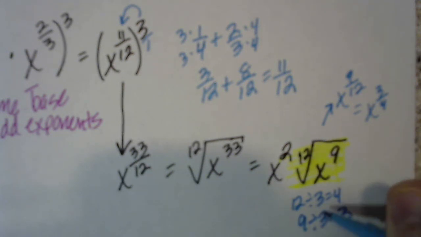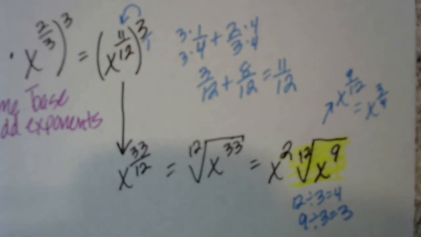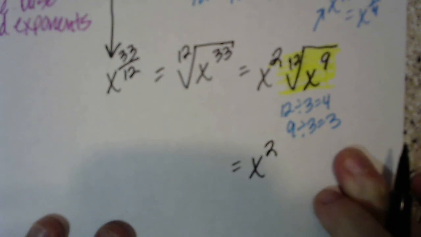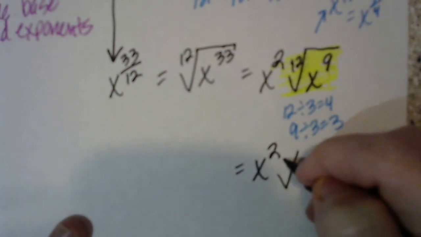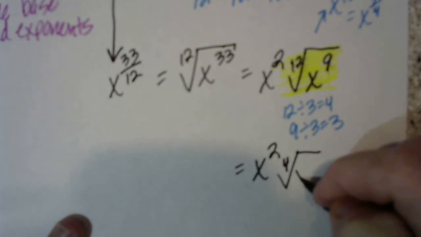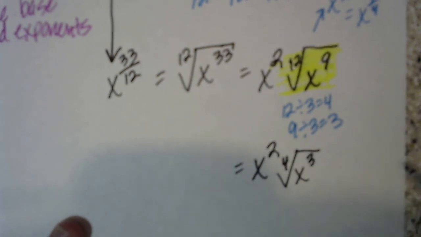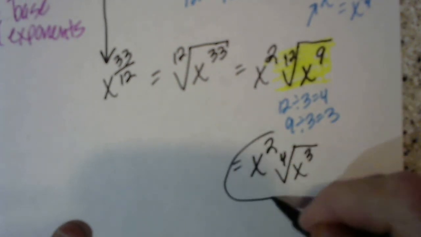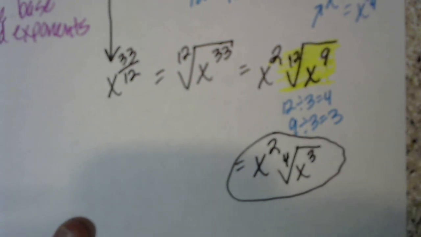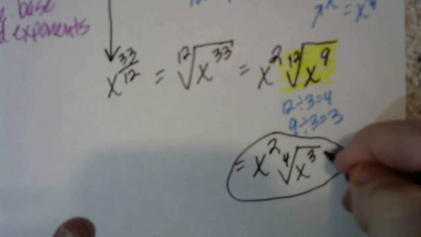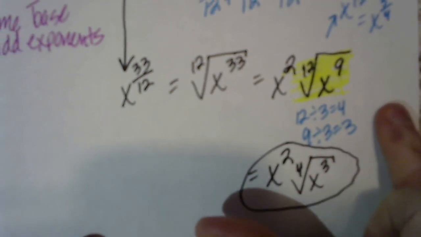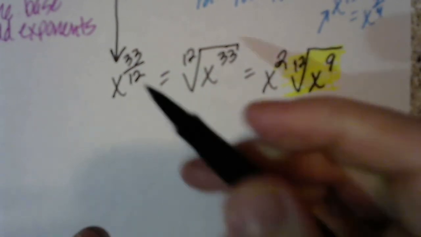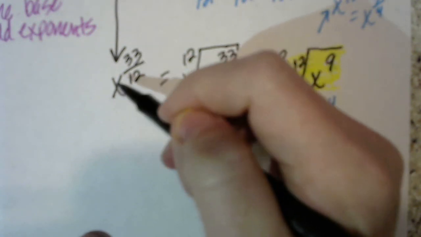Since they're both divisible by the same number, that's what allows me to write this as x squared onto the 4th root of x to the 3rd. And this would be your final answer in radical form. That's supposed to be right beside each other. Just kind of looks weird. If they allow you to leave it in exponential form, you could have stopped here.